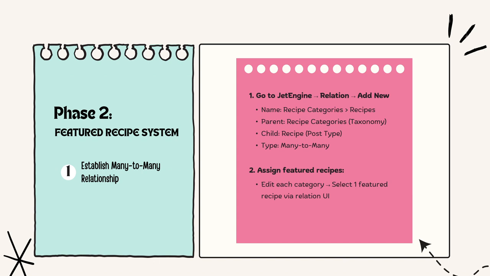One can be the parent, and the other can be a child, and there are different types of relations, such as one-to-one, but we're going to establish a many-to-many relationship, because we want our recipe to be able to be the featured recipe of many categories.